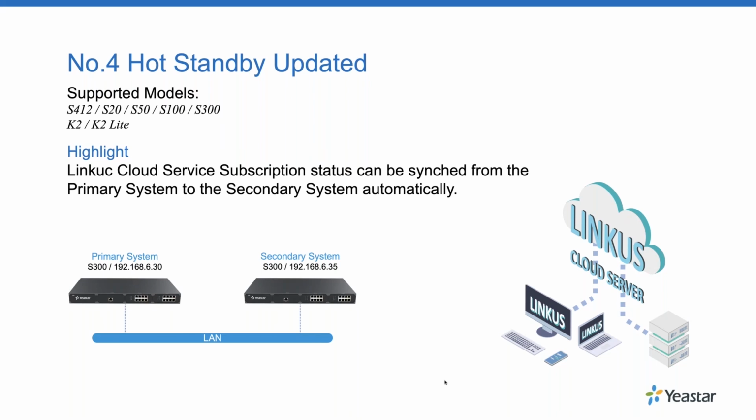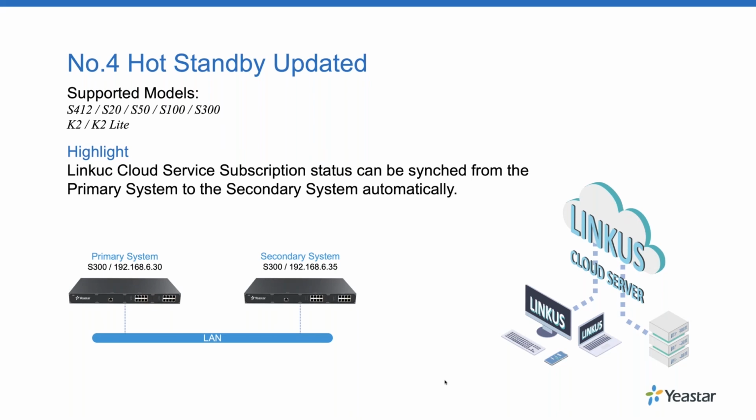Previously, when you tried to enable the hot standby feature for redundancy, you actually needed two Linkus Cloud Service subscriptions. You had to subscribe to Linkus Cloud Service on your primary system and your secondary system simultaneously, so you had to buy it twice. Well, now we've made it much easier and more user friendly.